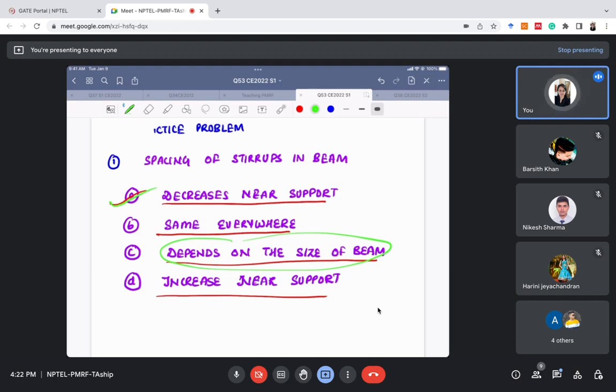The other question they wanted to ask is how the change in the spacing takes place. Here they are asking about the spacing of the stirrups in a beam: decreases near the support, same everywhere, this kind of thing.